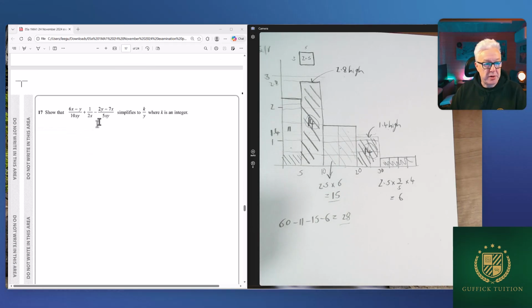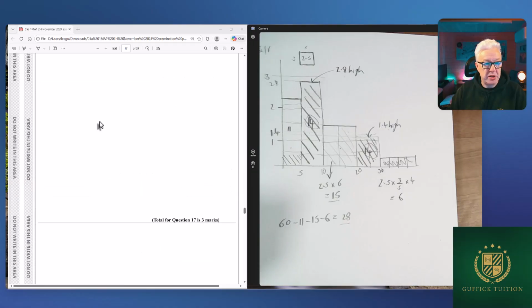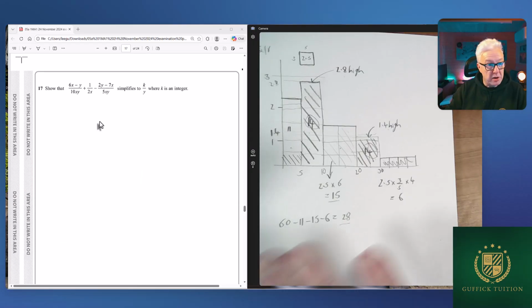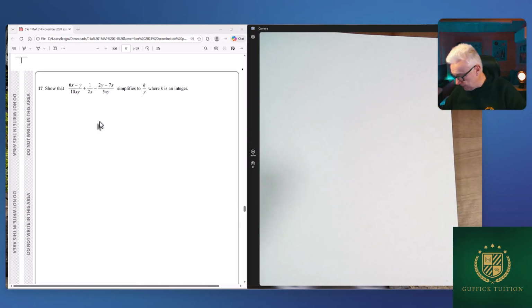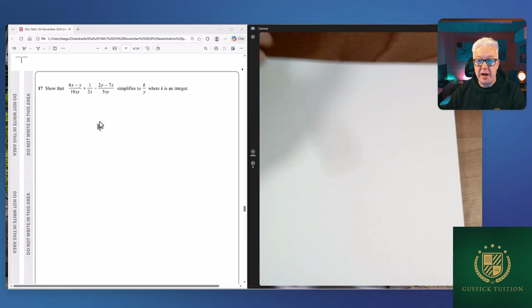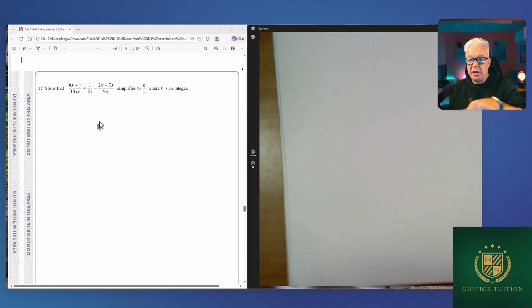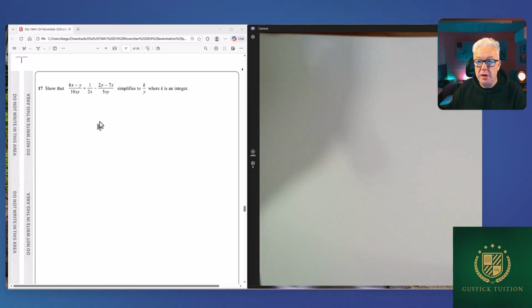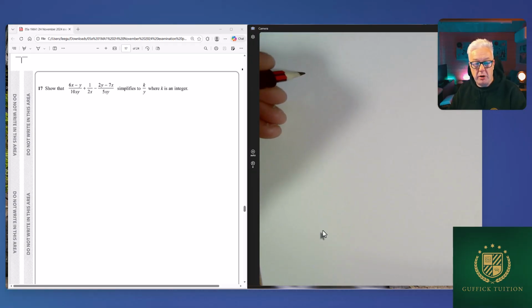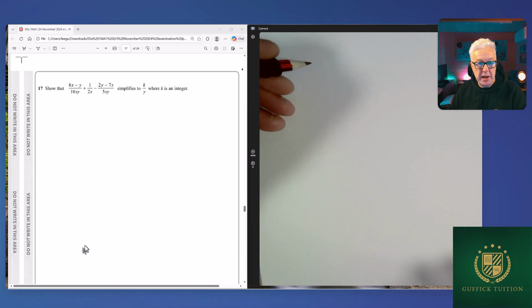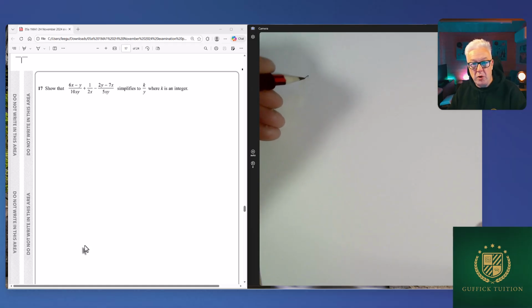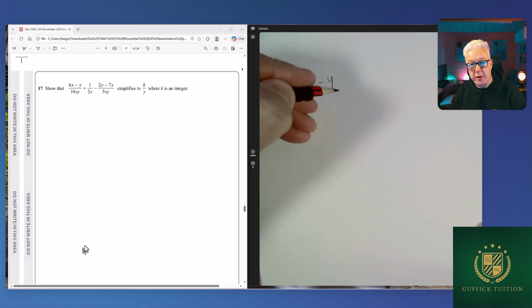Okay, then the last question on this paper that I haven't done yet in the videos is this one. Right, question 17. Again, nice little bit of algebra. This is one of those things I always like to point out for any students thinking about A-level. This is the kind of skill that you need to make sure that you're very, very confident with. Basically, manipulating stuff like this all the time would just be a small part of a bigger A-level question.